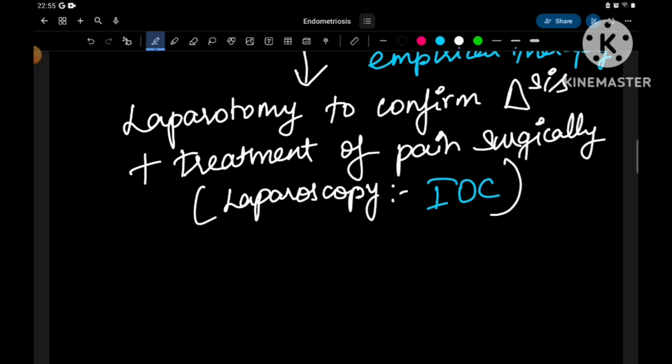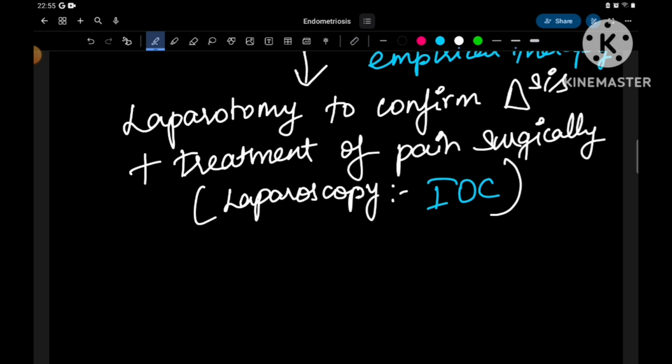If there are a lot of investigations and they are inconclusive, you say, okay, this investigation can confirm it. That investigation is laparoscopy, in endometriosis I am saying.